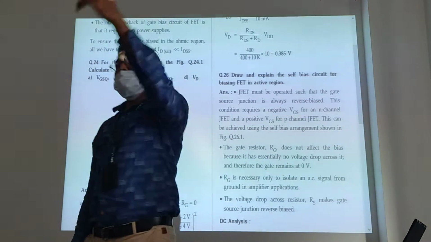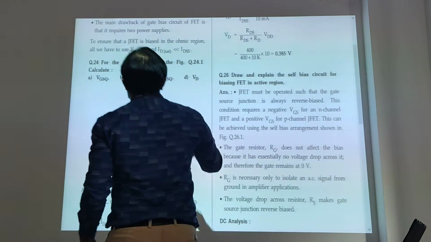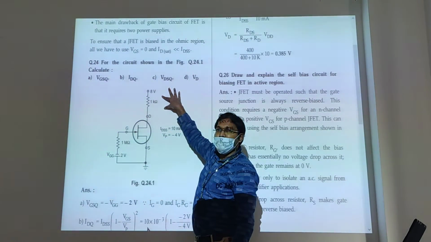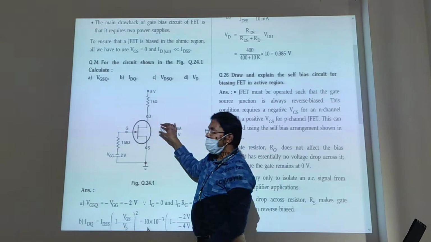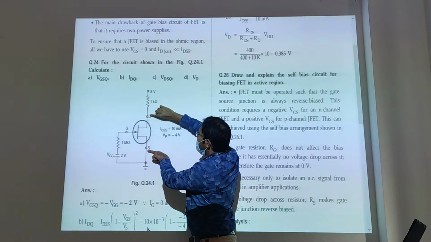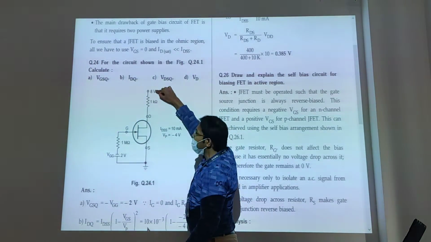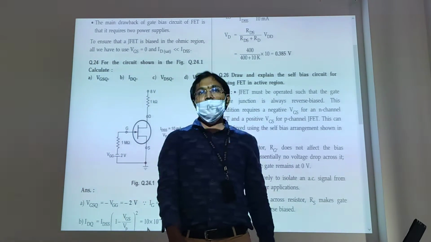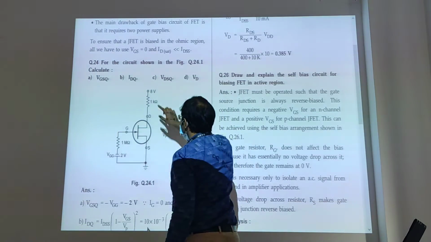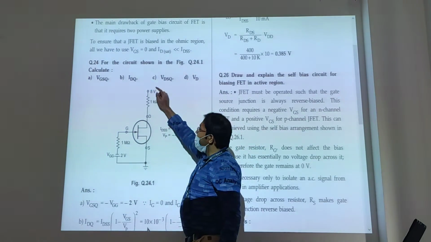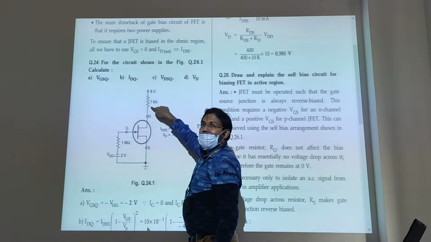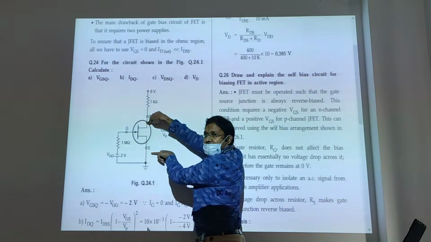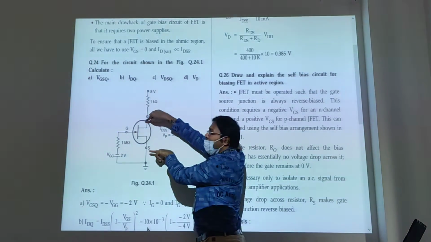Same example: father and 2 sons. Father is giving 8 volts, some voltage here, some voltage here. So this voltage will be 8 volts minus this voltage. VDD minus ID into RD will be VDS.